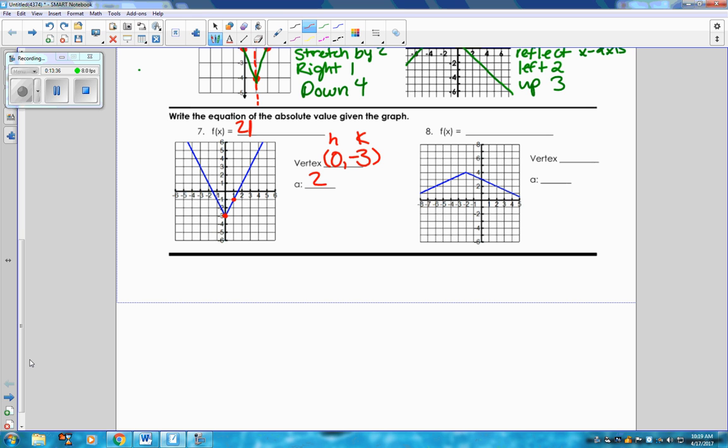The next part of my function is x minus h, which is -0. Do I have to write that? No. So I'm just going to put another bar. Plus k, but my k is negative. So I'm going to write -3. It was so hard. The hardest thing I've ever done in my whole entire life, right?